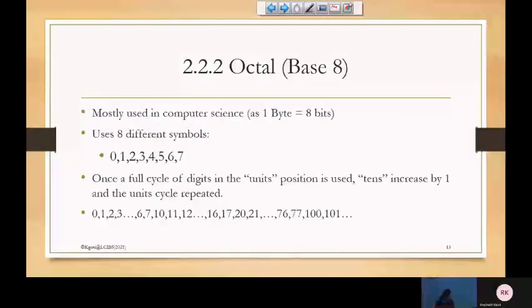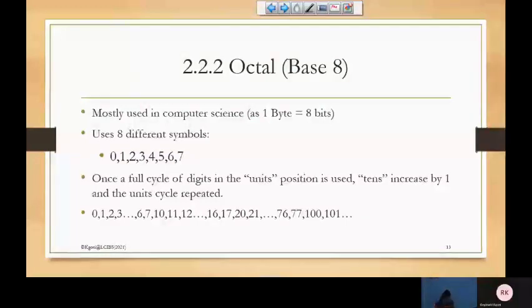So we tend to have several applications that require the use of base 8 numbers in computer science. What happens with base 8 numbers is we only use 8 different symbols, which basically means the symbol for 8 and the symbol for 9 do not exist in the base 8 or octal number system.